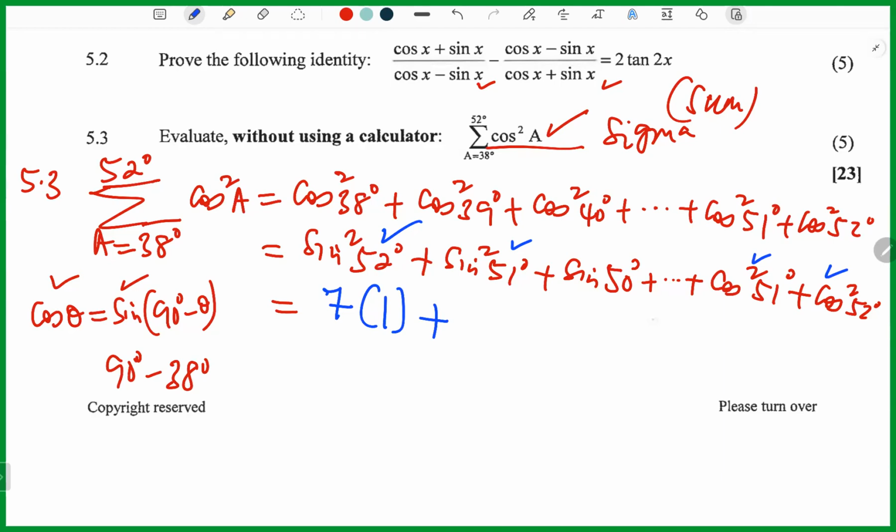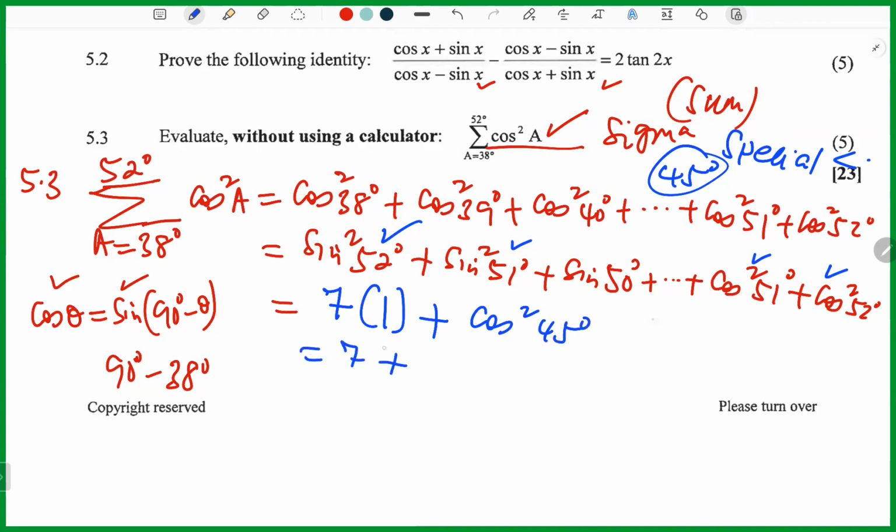Okay, so obviously you realize that we moved from the 38 to 52 and went through 45 degrees, and this 45 degrees is a special angle. So we're going to have in the middle cosine squared of 45 degrees. Cosine of 45 is the square root of 2 over 2.